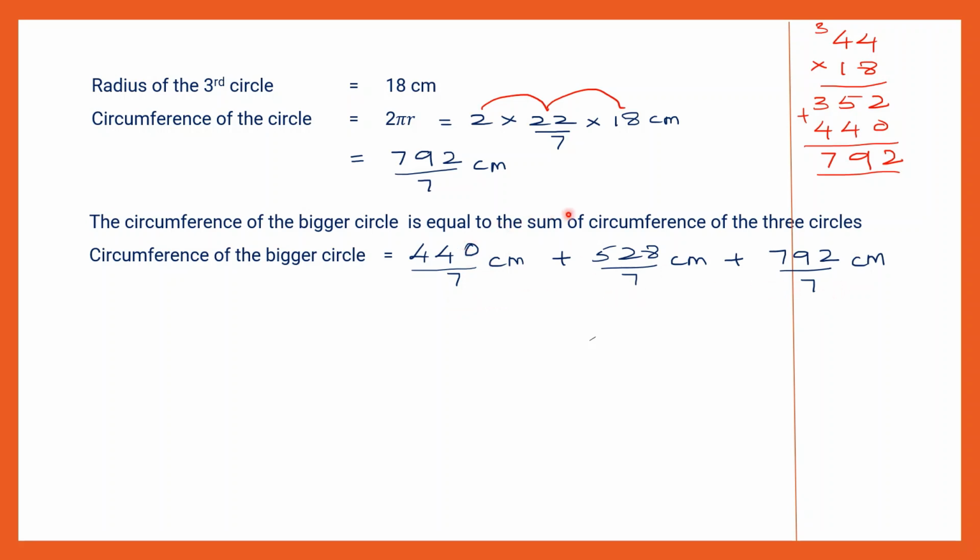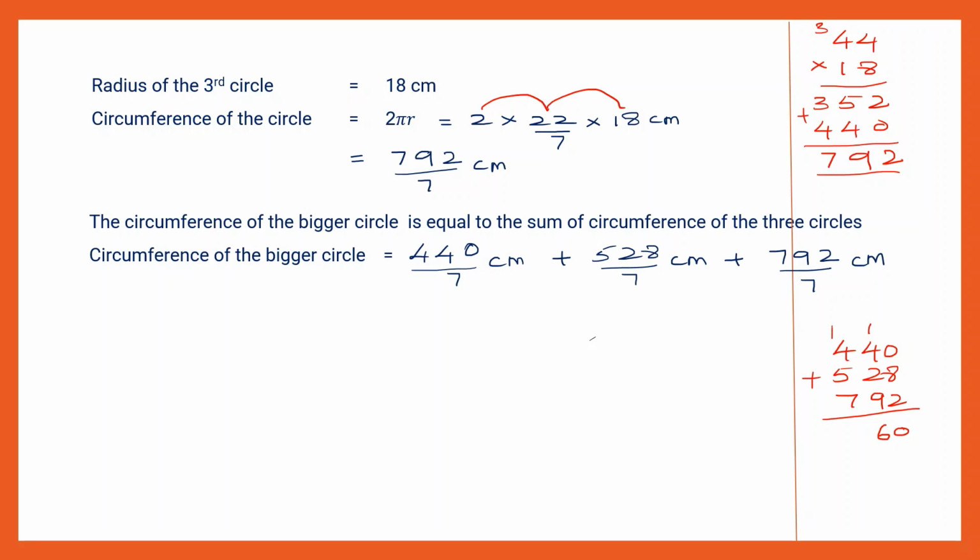Now these are all like fractions because they have the same denominator 7. So all we have to do is simply add up all three numerators. So let's do that addition. 440 plus 528 plus 792. So 8 plus 2 is 10, carry 1, 4 plus 1 is 5, 5 plus 2 is 7, 7 plus 9 is 16.